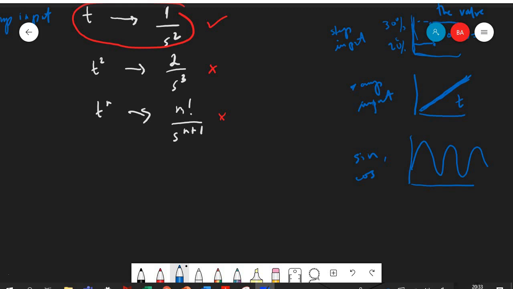But if you think for a moment, these kinds of inputs look like sound waves. And who studies sound waves? The electrical engineers could study this as a sound wave for an input.